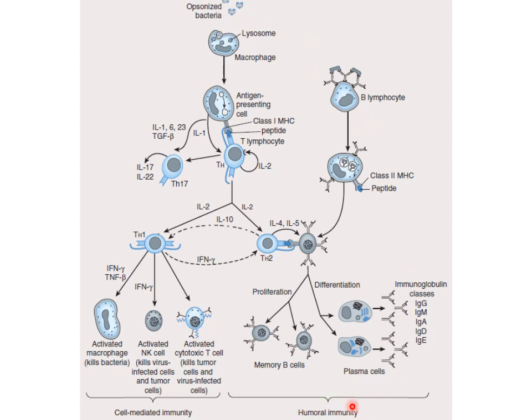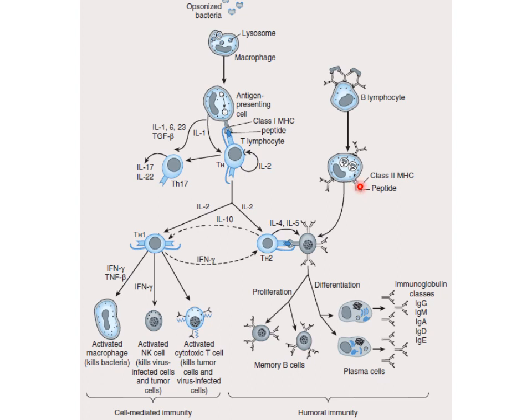Now comes the humoral arm of the adaptive immune system. Whenever the host is exposed to an antigen, the antigen binds with the surface immunoglobulin of the B cell, and this antigen is phagocytized and digested enzymatically to generate a small antigenic peptide, which is loaded on the MHC class 2 complex.